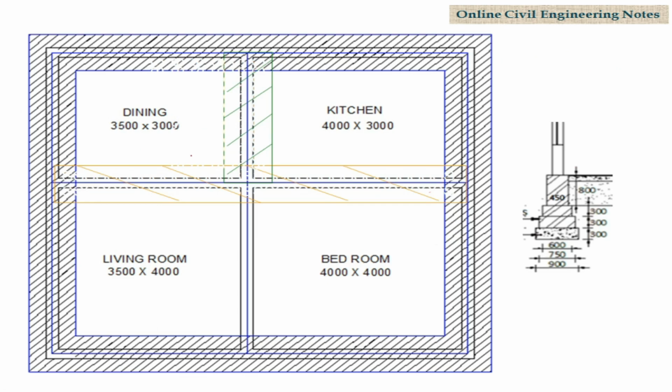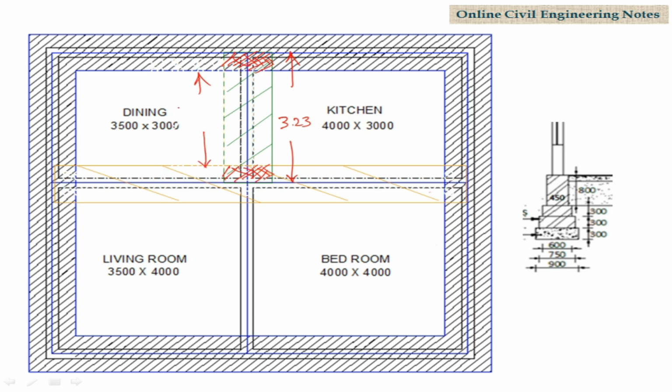The next portion is in between dining and kitchen. We know the center to center length is 3.23 meters. Inner dimension is 3 plus half of the wall thickness on both sides. This is 3.23, but a small portion is already deducted, which is indicated in this red marks. So we have to calculate the quantity for this portion.